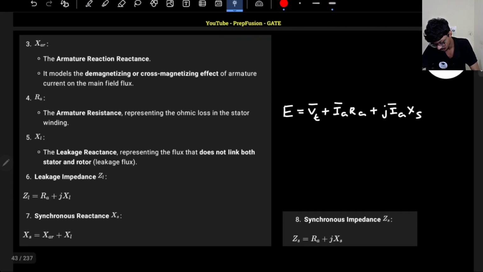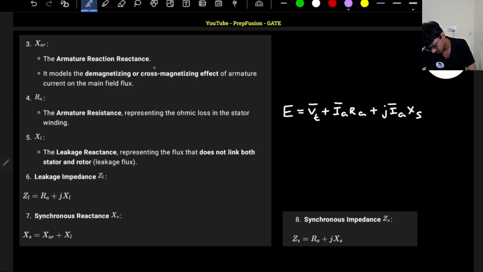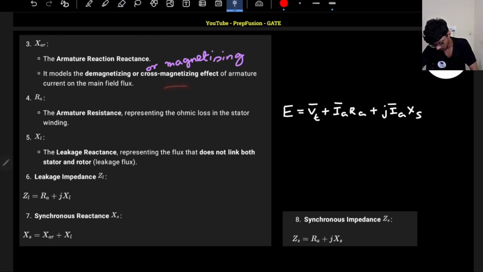And XAR, I have already told you, is the armature reactance, which models the demagnetizing, cross-magnetizing or magnetizing effect of armature current on the main field flux.